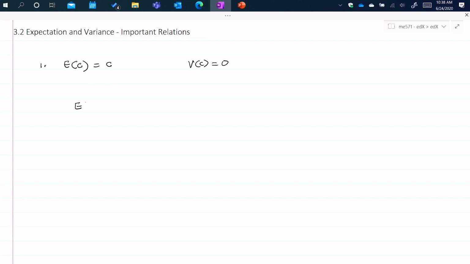Expected value of any quantity, by definition, is the integral from minus infinity to plus infinity of that quantity times the PDF dx, which is c times the integral of f of x dx, owing to the property of integration.